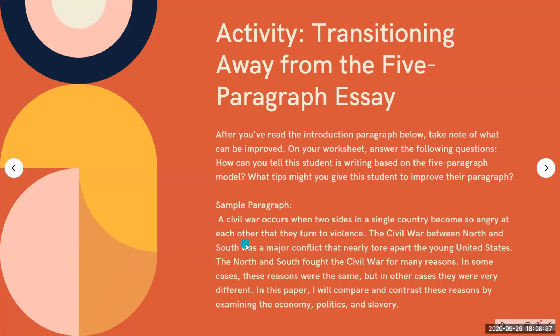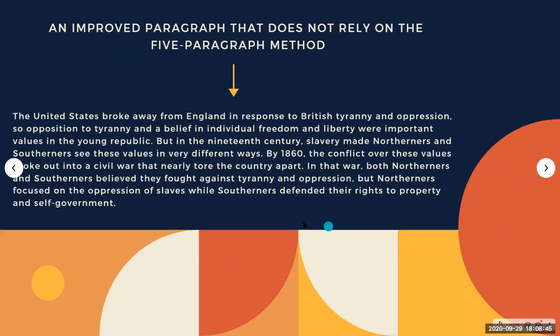Versus the previous version of this essay simply says, I will compare and contrast these reasons by examining the economy, politics, and slavery. On the other hand, this paragraph really provides an argument that explains what they're going to be talking about, and it's much more specific in how they're approaching this argument.